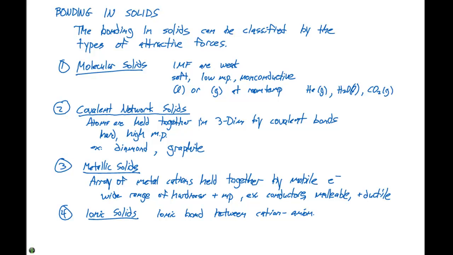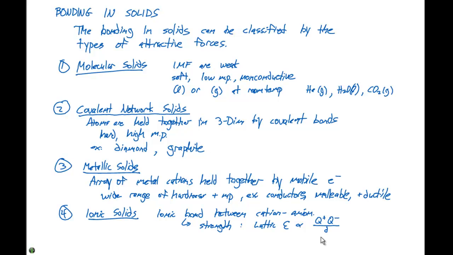This bond strength, which we refer to as lattice energy, is going to be proportional to the charge of the cation times the charge of the anion divided by the distance between them. And a lot of the properties depend on this lattice energy.